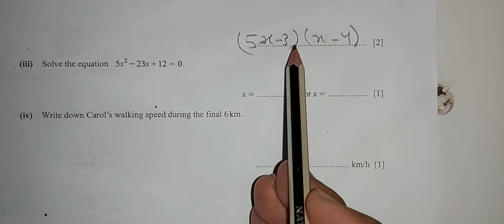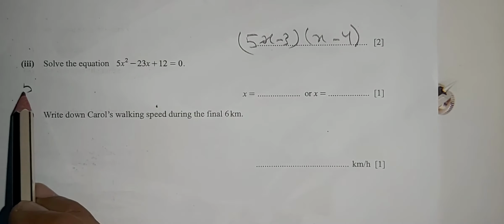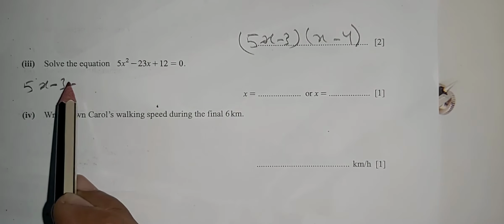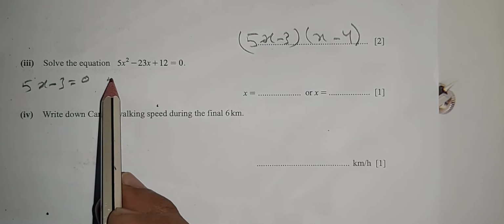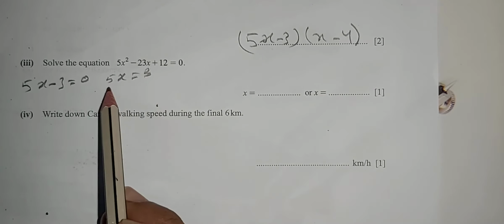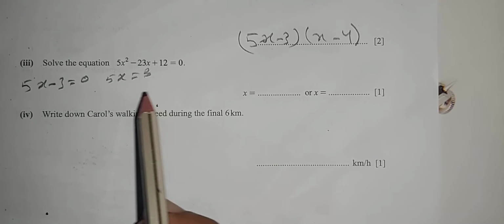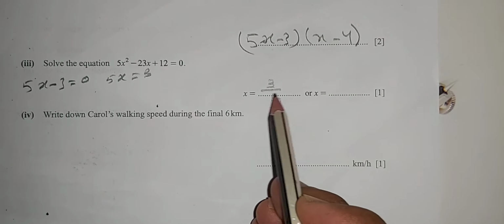The first bracket equals 0, 5x minus 3 equals 0. Bring this minus 3 to this side, so 5x equals 3. Divide by 5, so x equals 3 over 5. This is the first value.